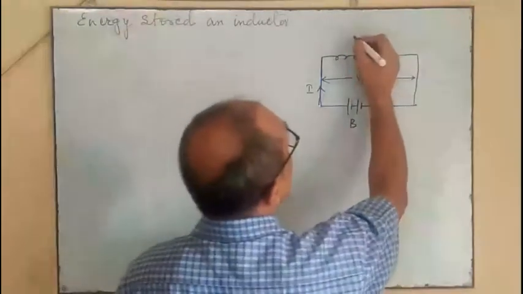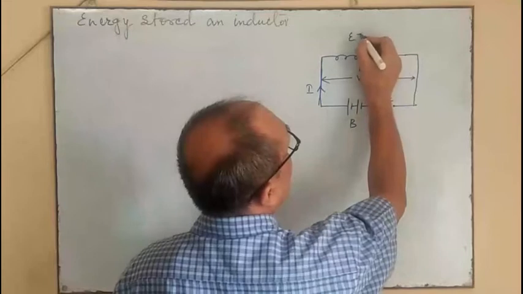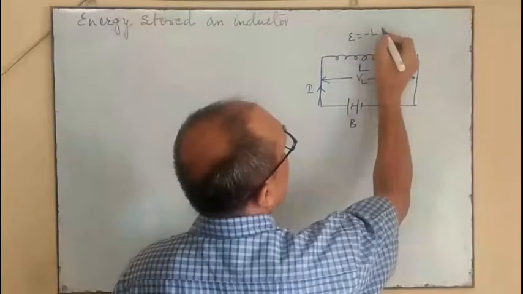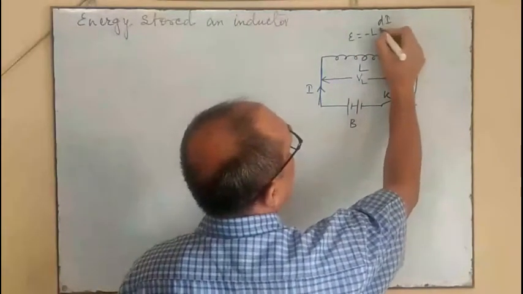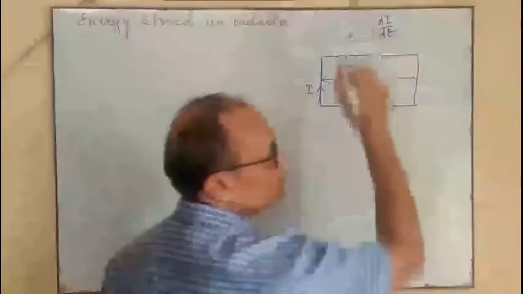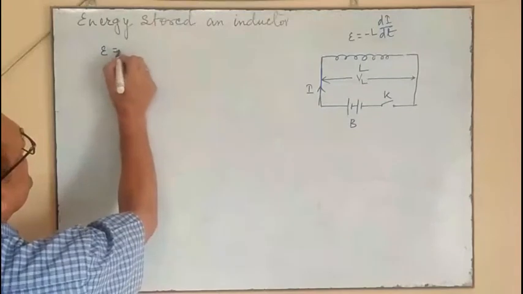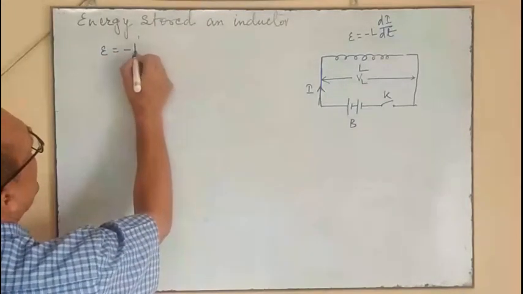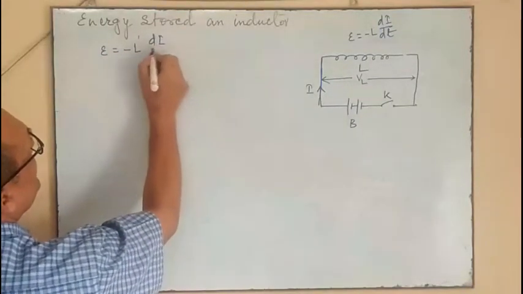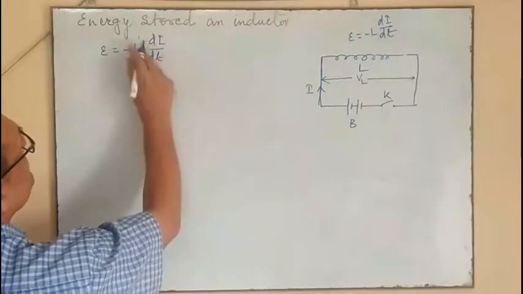So this equals minus L di by dt. So the EMF induced is equal to minus L di by dt.